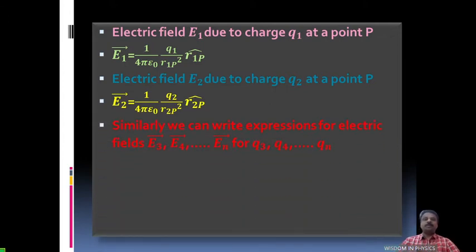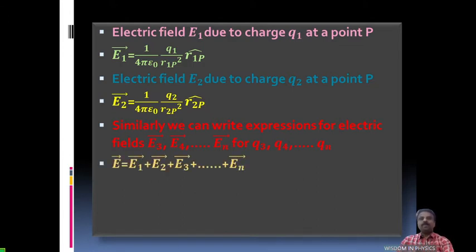Similarly, we can write expressions for electric fields E3 vector, E4 vector, up to En vector, for all the charges available. So the total electric field at a point can be written, according to the superposition principle, as E vector equals E1 vector plus E2 vector plus E3 vector plus and so on, plus En vector. Is it clear, students? Fine.